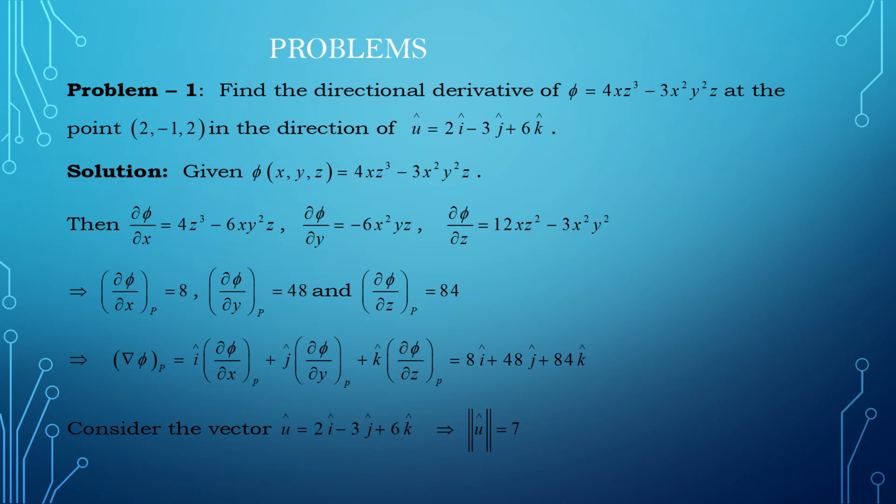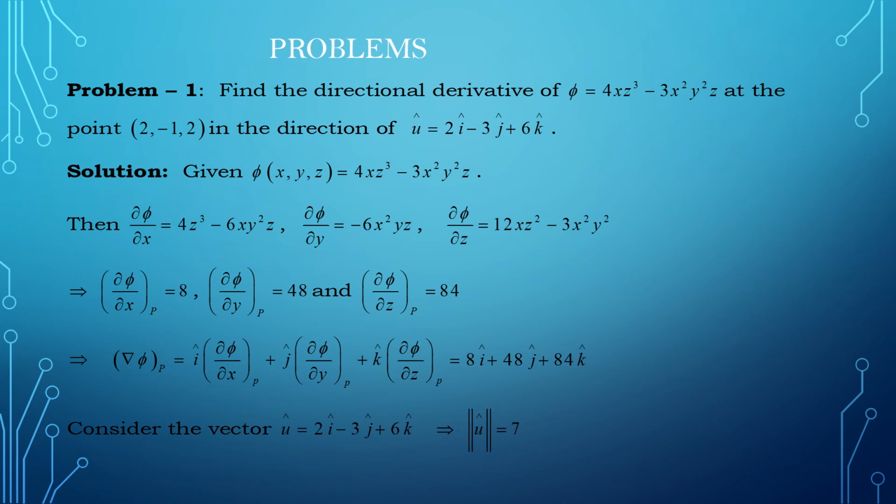For this surface, we first find its partial derivatives dou phi by dou x, dou phi by dou y and dou phi by dou z. In this case, dou phi by dou x equals 4z cube minus 6xy square z.